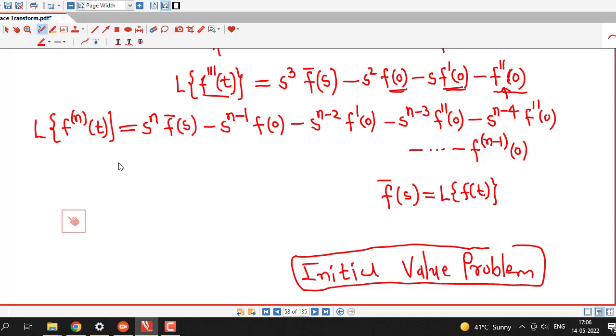Sometimes they ask you to write down the formula for the Laplace transform of the derivative of a function.